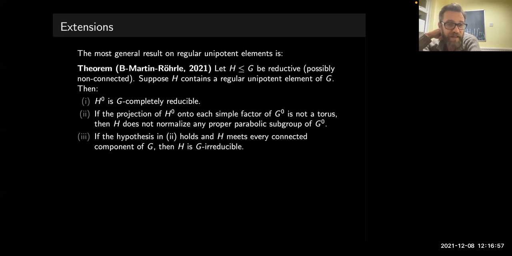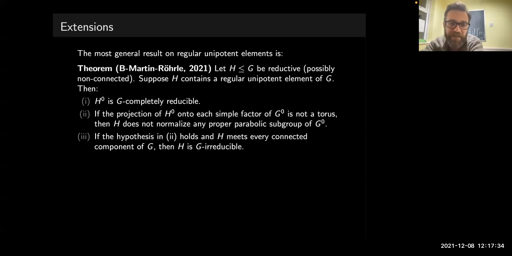Okay, so that's something about the identity component. And then I have to put some conditions on this identity component to avoid some pathological examples involving tori. But if H0 satisfies these conditions, then H doesn't normalize any parabolic subgroups of G0. And if in addition it meets every connected component, then it's irreducible in an extended sense of Serre's original notion.